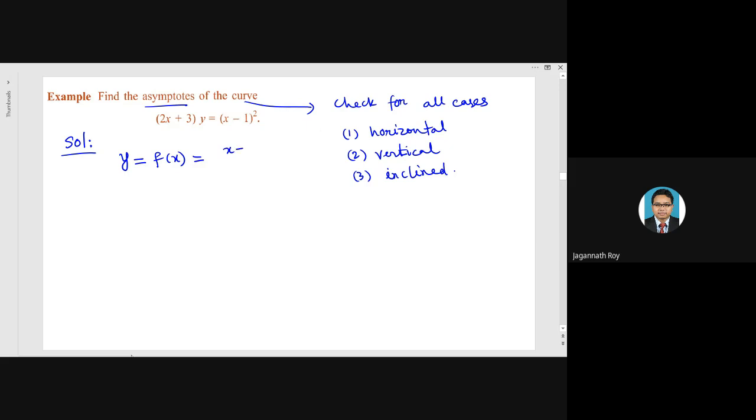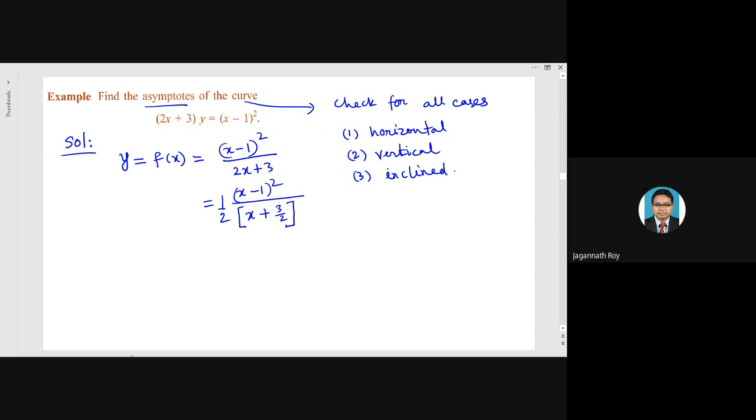Okay. So (x minus 1) whole square by 2x plus 3. So here, what we get? (x minus 1) whole square divided by, let us take 2 outside, then x plus 3 by 2.